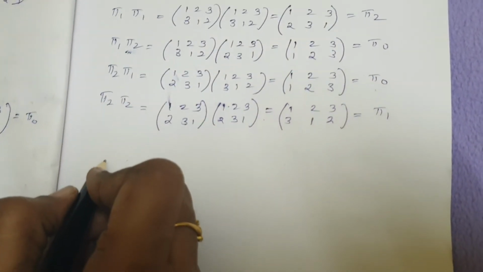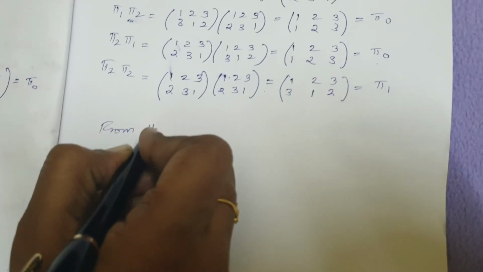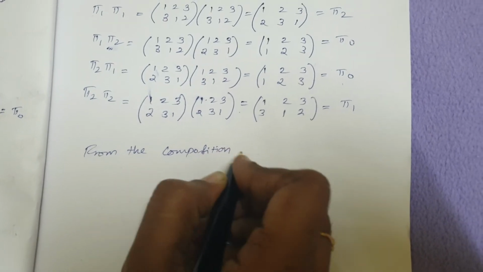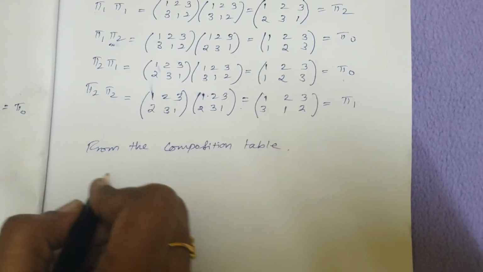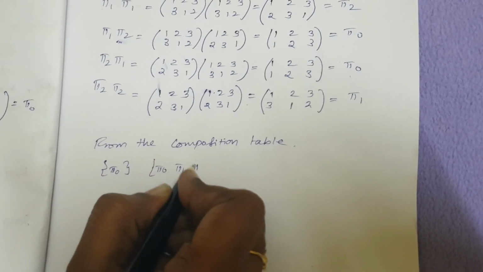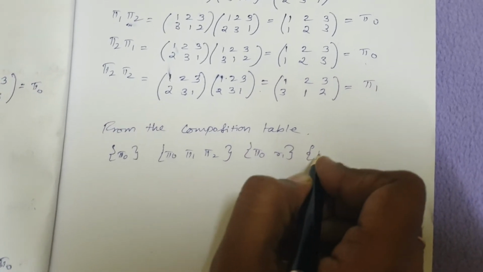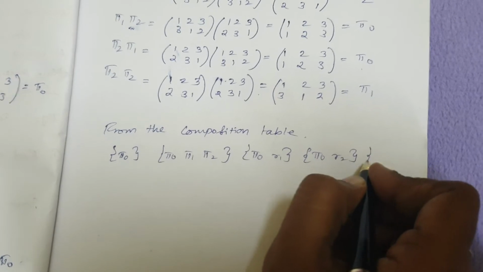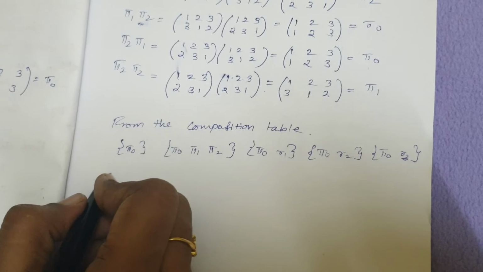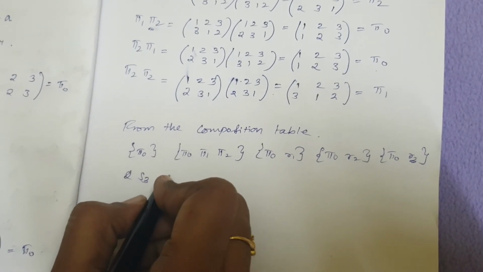Therefore, from the composition table we can find that the set of pi naught, pi 1, pi 2, and the sets of pi naught R1, pi naught R2, pi naught R3, and S3 are the proper subgroups of S3.